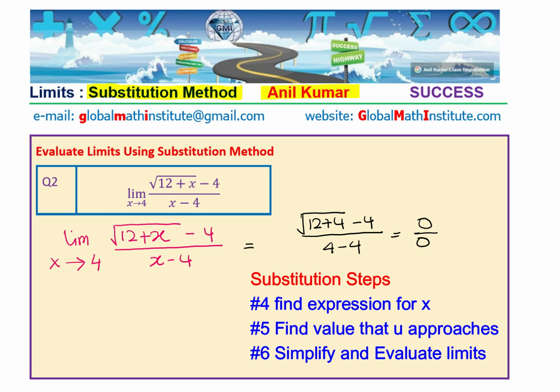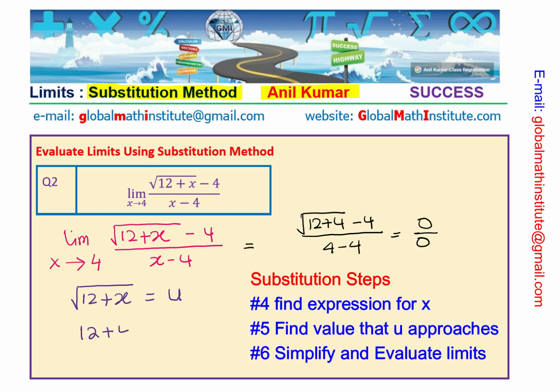What we are going to do here is substitute the difficult part in this equation, which is square root of 12 plus x, as some other variable, let it be u. Now in that case, if x equals 4, then it becomes square root of 12 plus 4, which is square root of 16, which is 4, right?